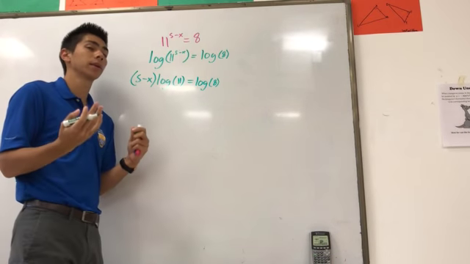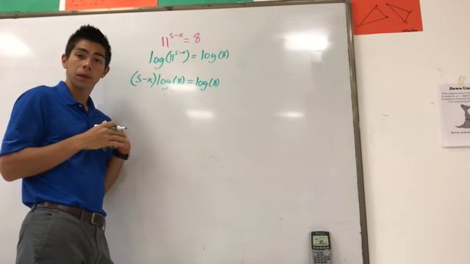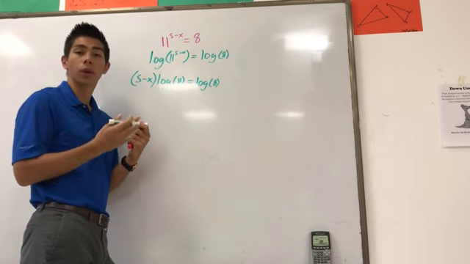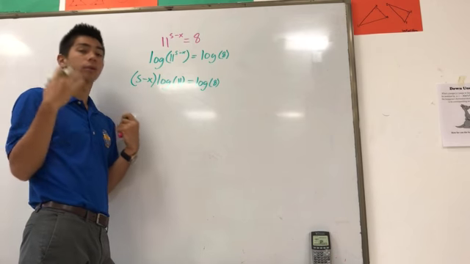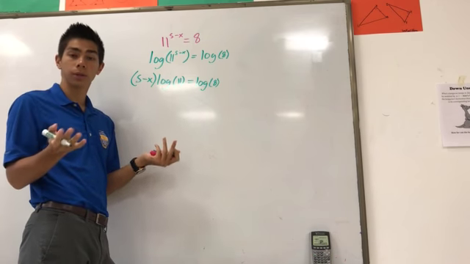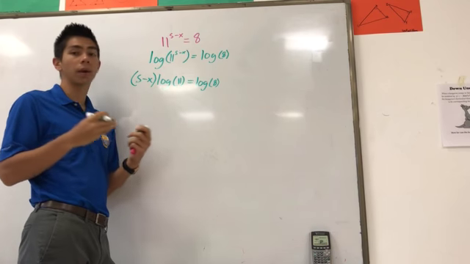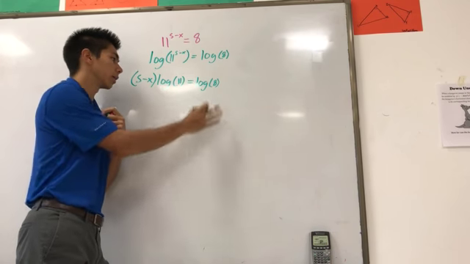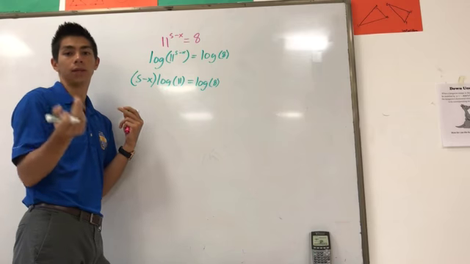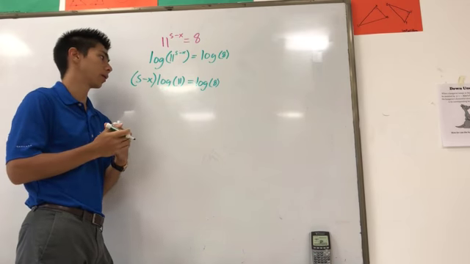Okay, so now once we get to here, x is not in an exponent, so what we can do now is basically our algebra. We are now trying to isolate x and get it by itself. So we're going to start moving everything over to the other side, in ways that you have done your whole mathematical career.